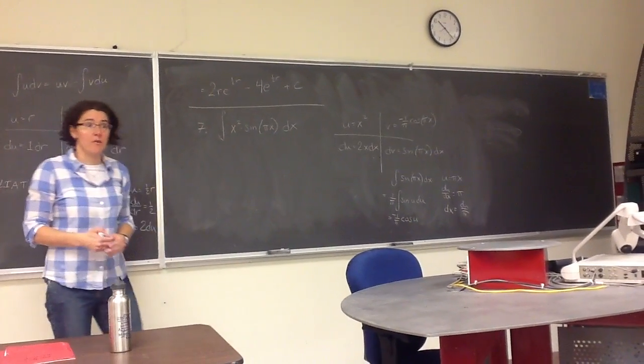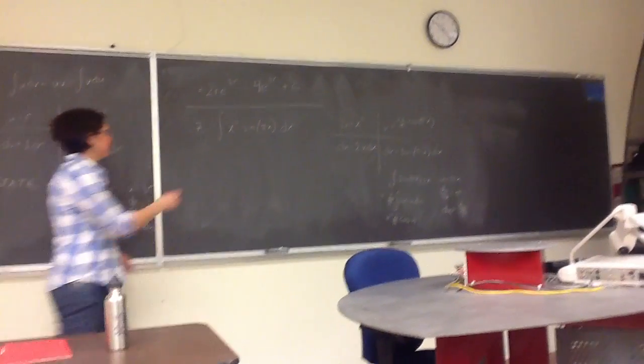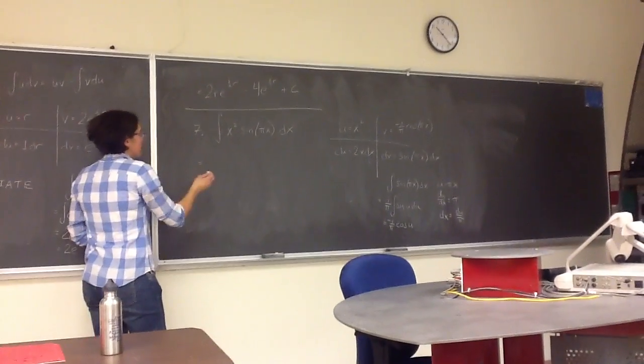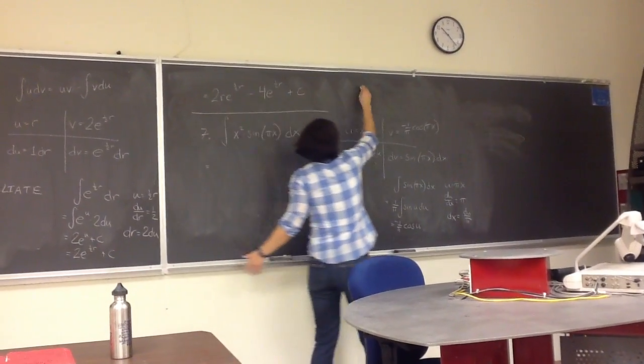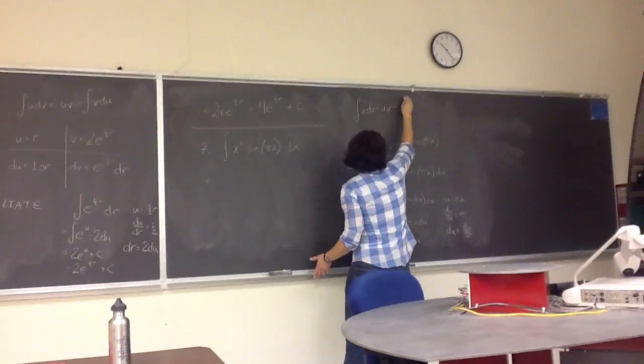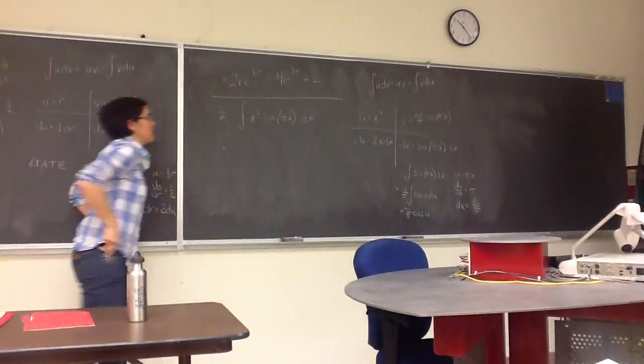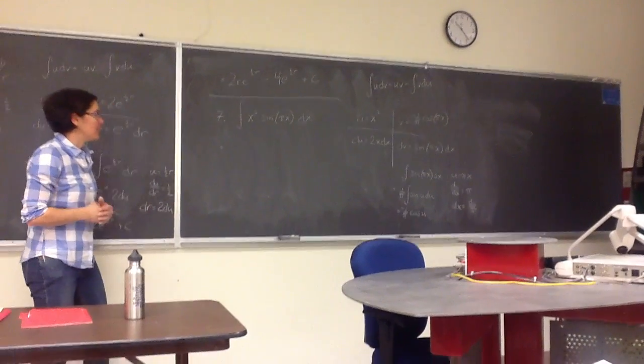Okay, great. So we've got all the parts. Any questions about those parts? Okay. So we've got uv. Our formula is the integral of u dv is equal to uv minus the integral of v du. I probably have that written up in the margin of my homework, but I'll write it every time here.